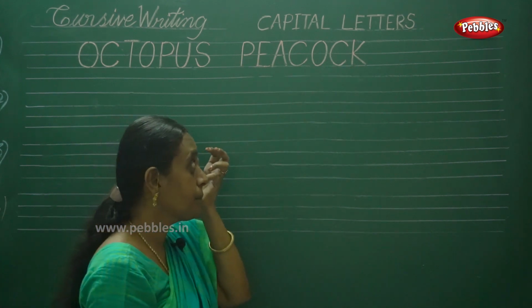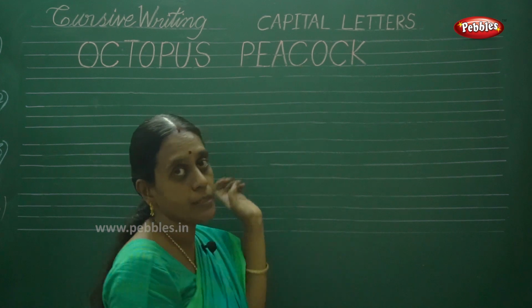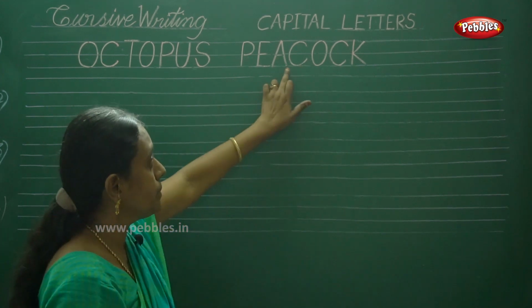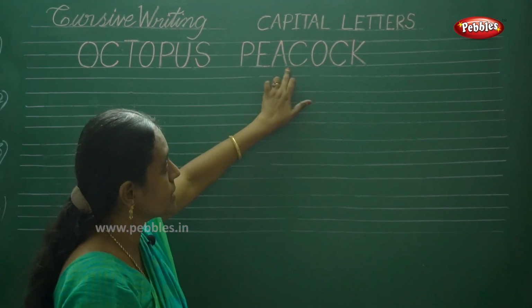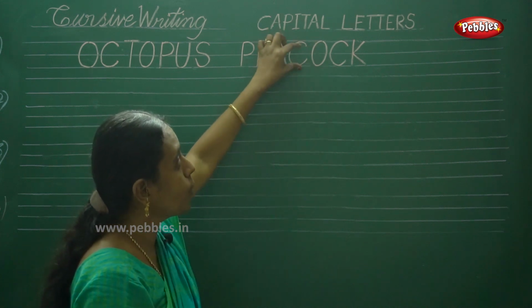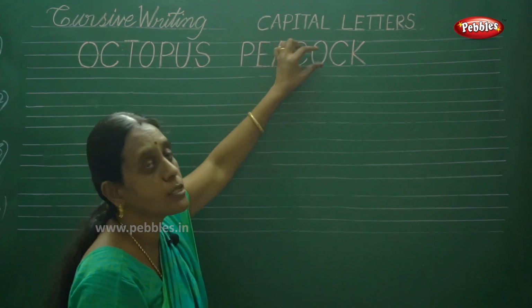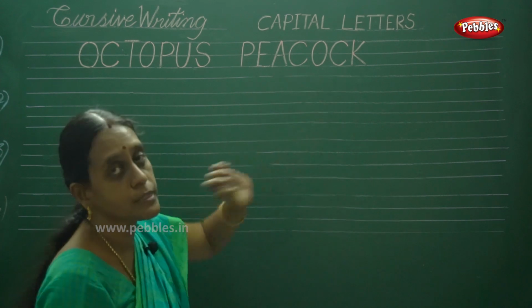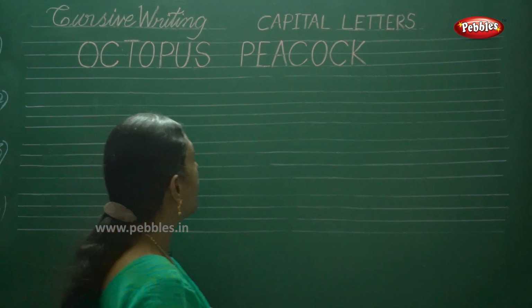Okay, listen children, spacing is very important. Here you bring a big space, and don't overlap each alphabet with another one. So right format, that is peacock, OP.